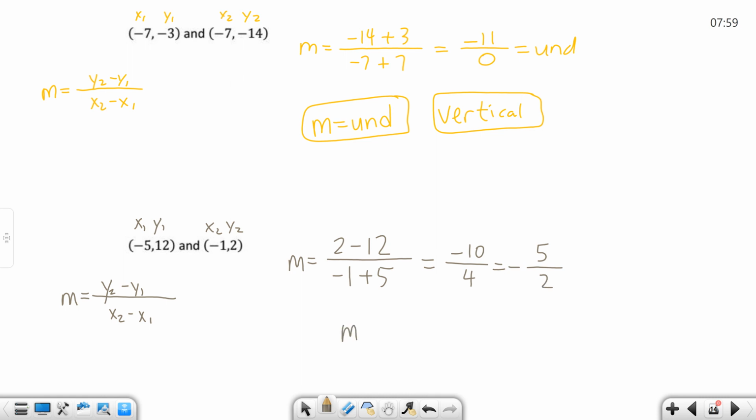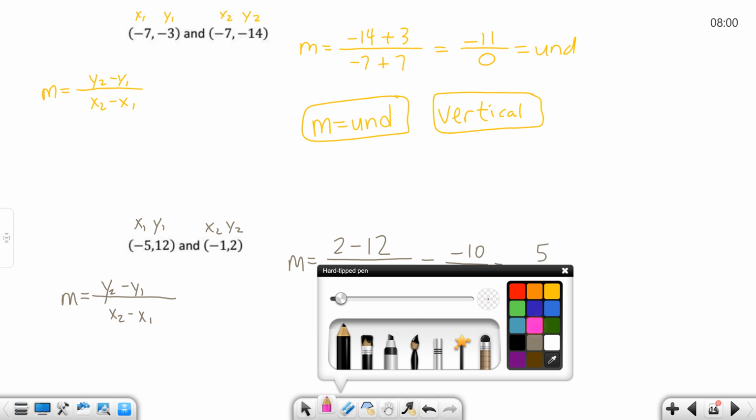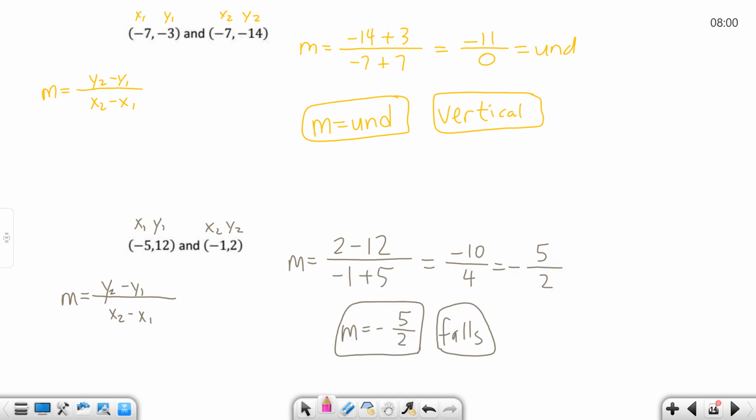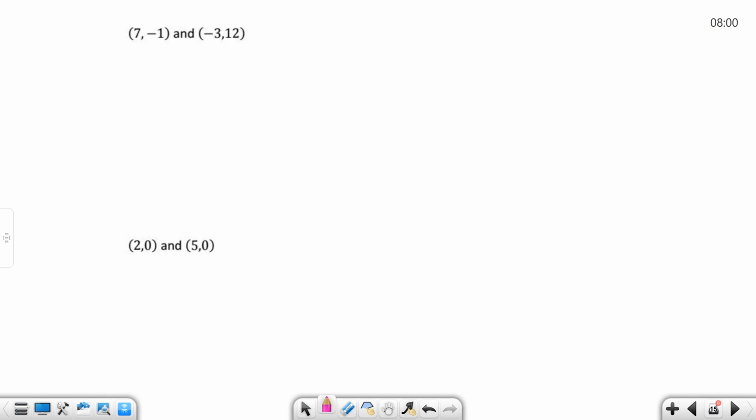So then my slope is negative 5 halves. And what does this do? It falls. So what about the next one?